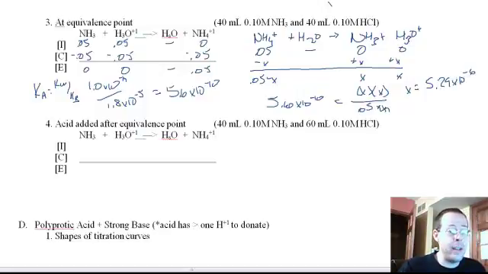Alright, and this now is our hydronium concentration. So if we just take negative log of that, we find that our pH is going to equal 5.28.